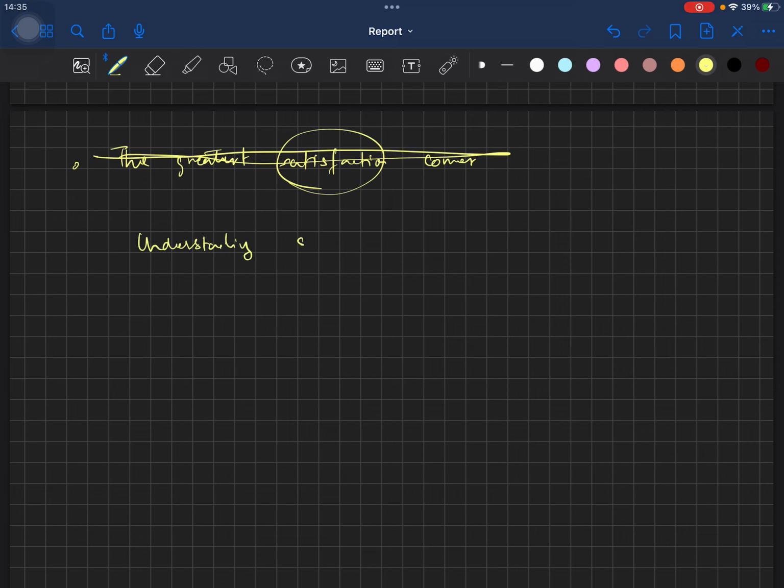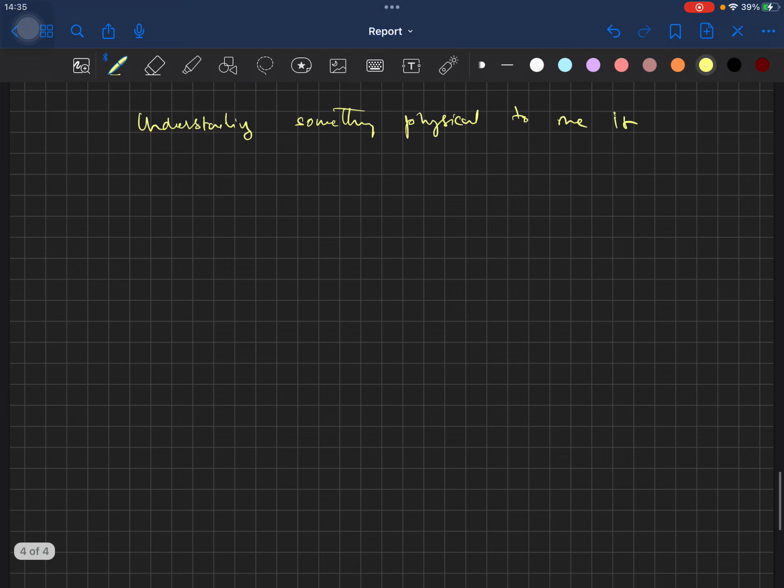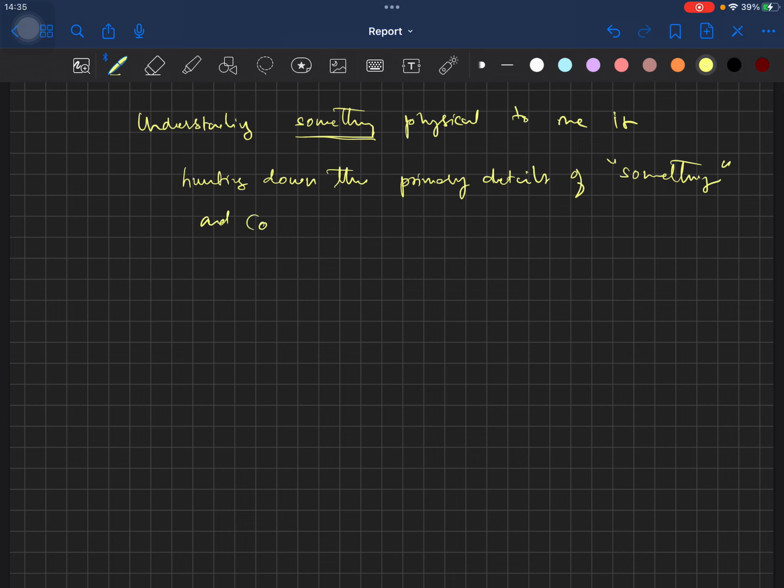Understanding something physical to me is hunting down the primary details of something and converting the problem to something that I can solve on my own.